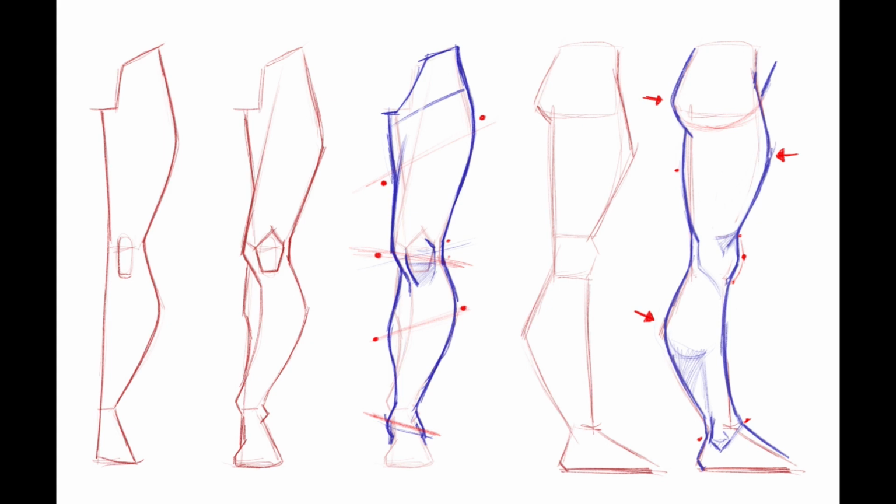And then there's the drawing in blue right there in the middle, where I've just taken that second drawing and added a little bit more flesh to it, maybe paid a little bit more attention to the straights and the curves, and sort of brought it into a more realized space.